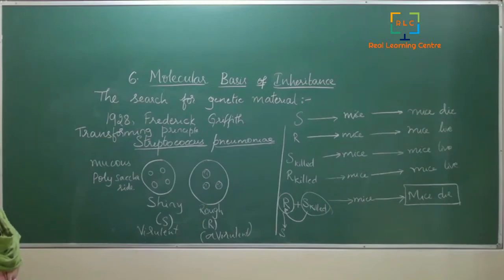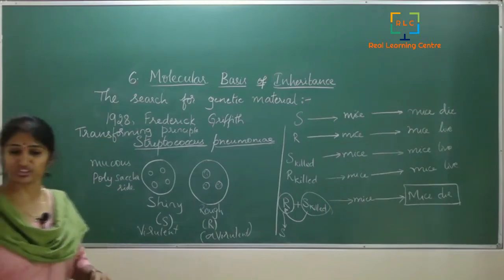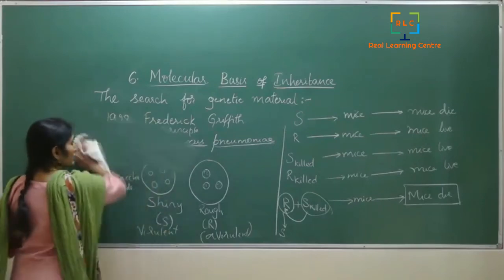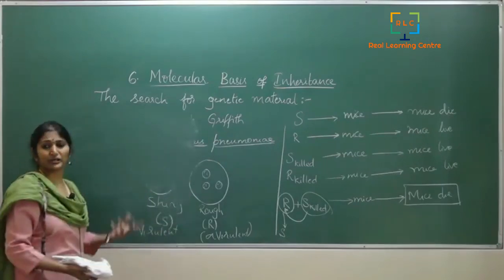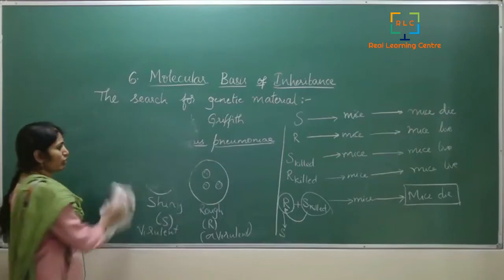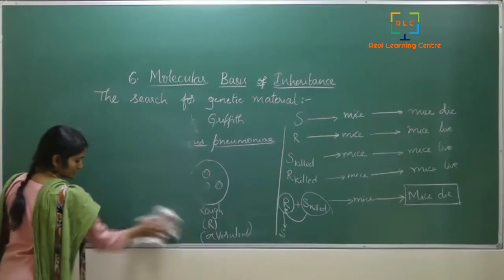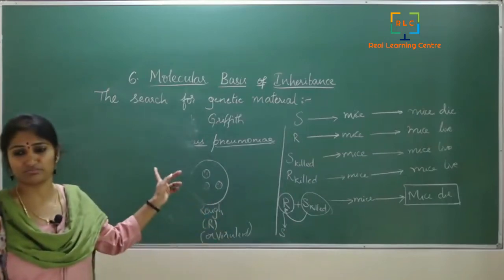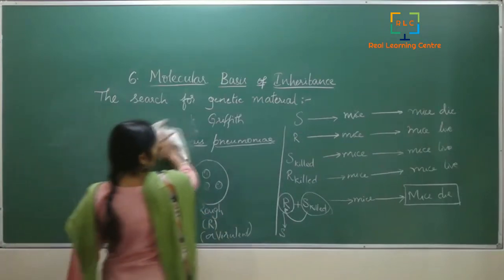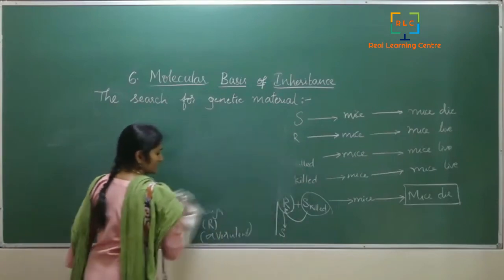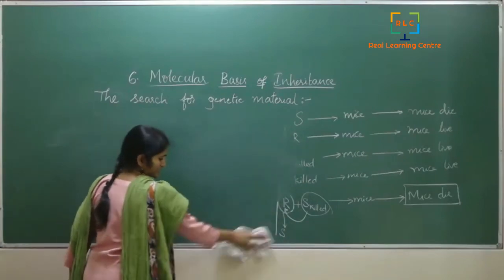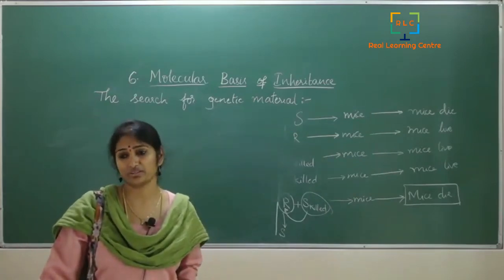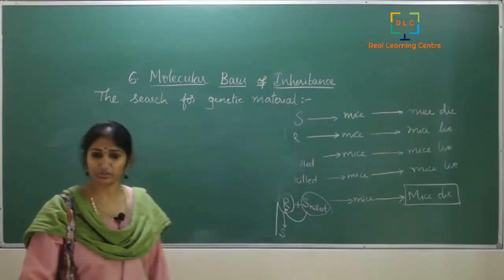The second most important thing is his observation, and the third was framing a hypothesis and trying to prove it. So all the basic research methodology was very well done by this particular experiment, and hence Griffith's experiment is something that you learn as a model experiment when you want to do research in biology.